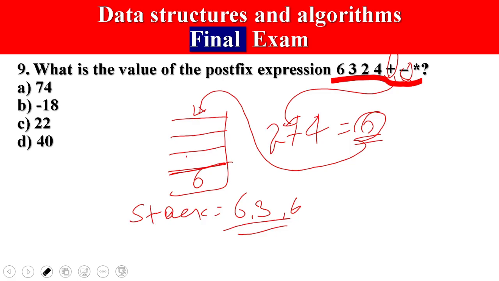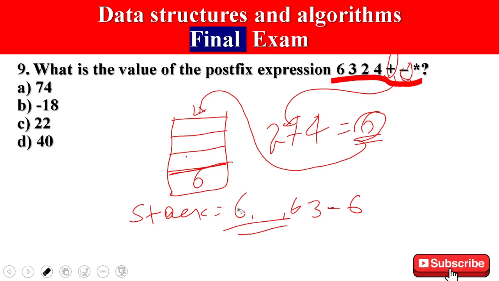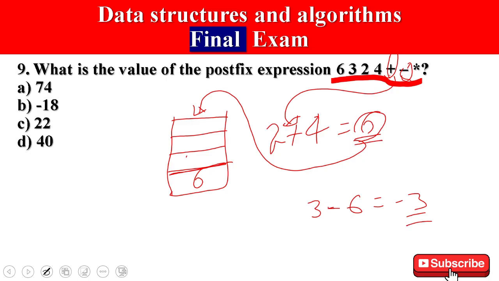Remove or pop those elements. There is 6 minus 3, which equals 3. After that, this 3 is pushed to the stack. So the stack now contains 3 and 6.